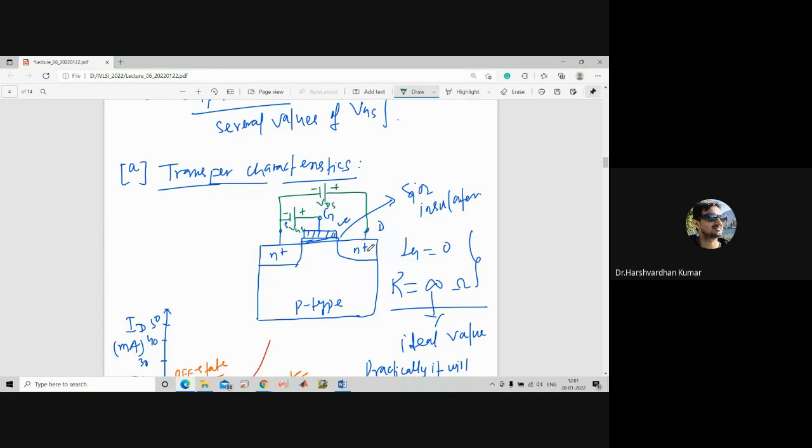VDS is positive, which means we apply positive voltage at the drain side and positive voltage at the gate side. So what happens when we apply the positive drain voltage with respect to source? Here the source is grounded, and we are applying the positive voltage at the drain.